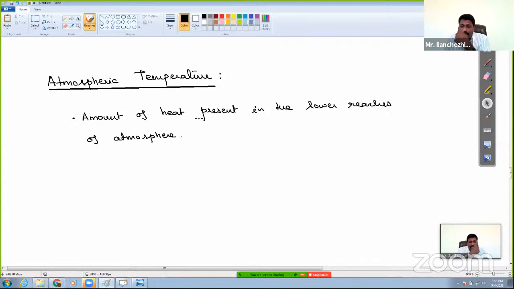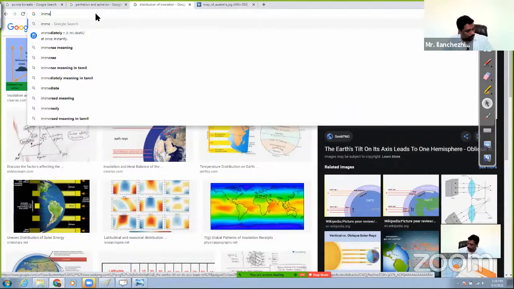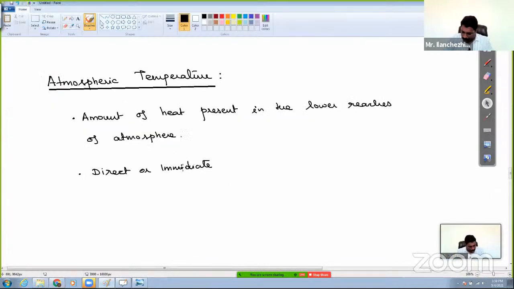Further, you can write: though insolation determines atmospheric temperature, the direct or immediate source of atmospheric temperature is terrestrial radiation.